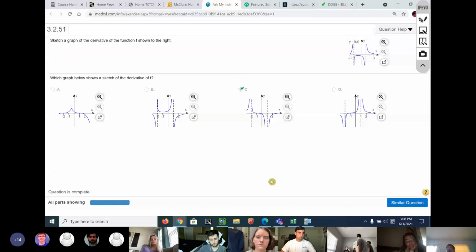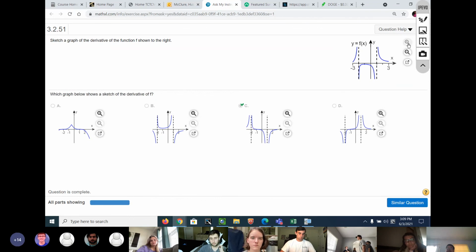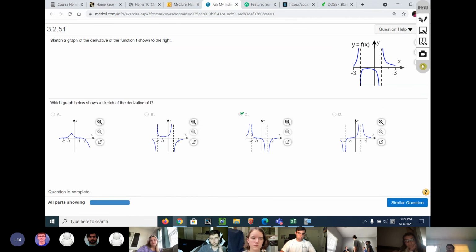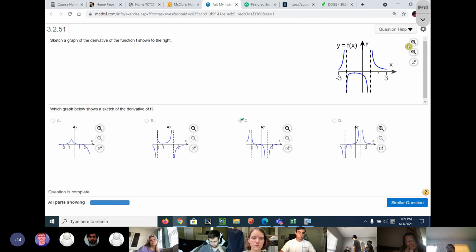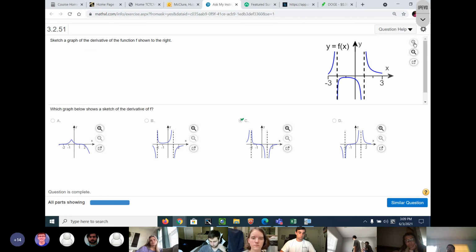Okay, this is a question about what is the slope doing? This is not mathematical. This is 100% looking at it, summarizing, analyzing this graph right here.